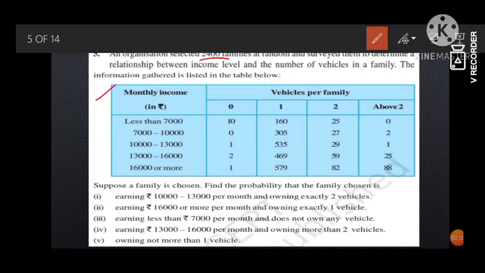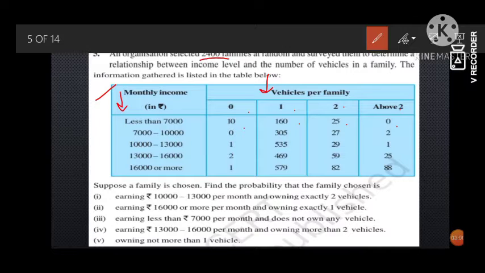This column is the monthly income of the family, and this column is vehicles per family: how many vehicles does the family have? 0, 1, 2 or above 2.